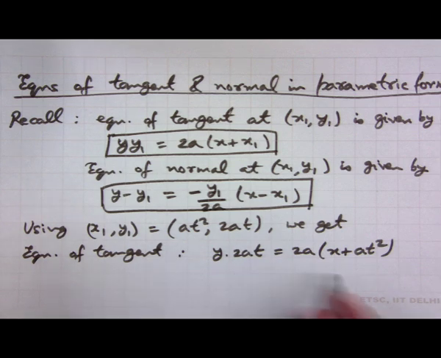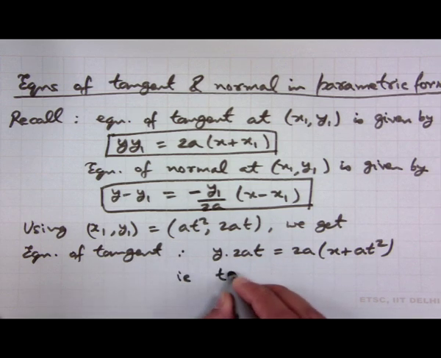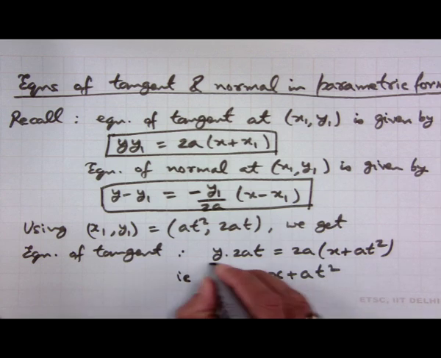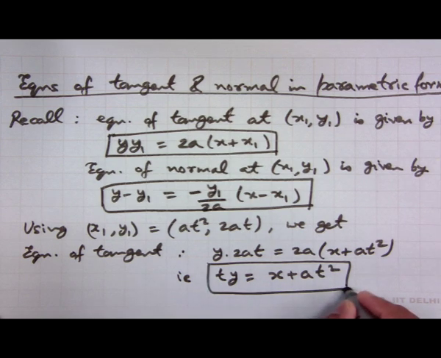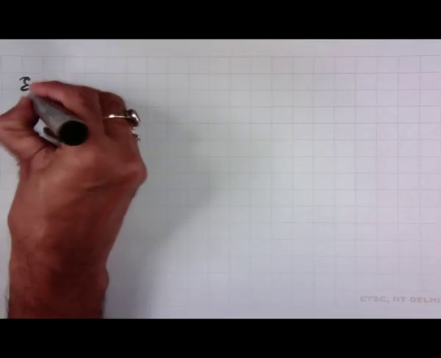So 2 a cancels, and this gives t y equal to x plus a t square. So this is a useful formula for the tangent line at the point a t square, 2 a t: t y equal to x plus a t square.